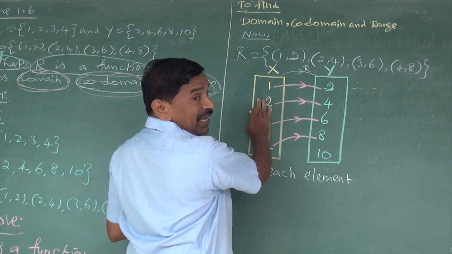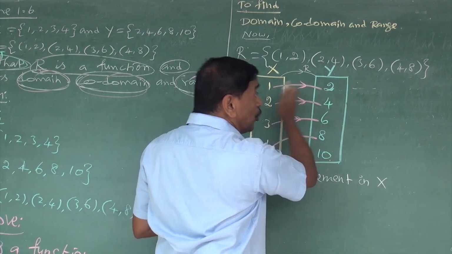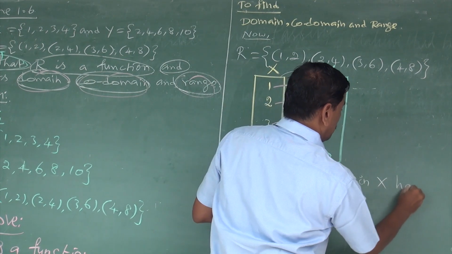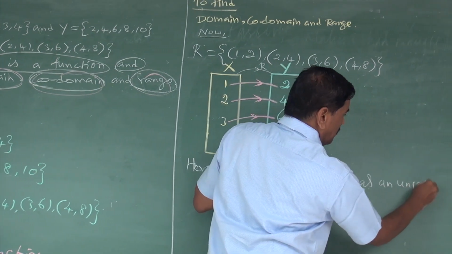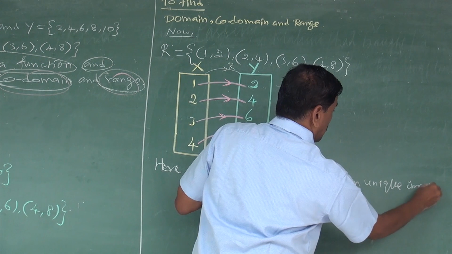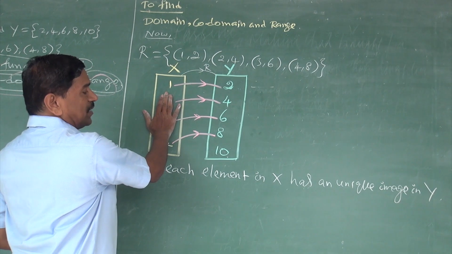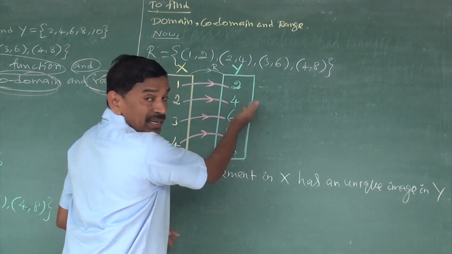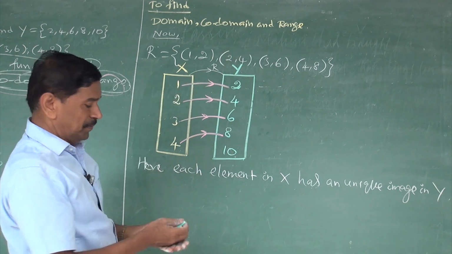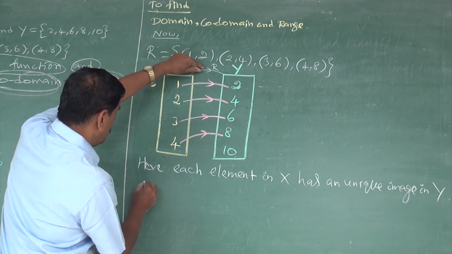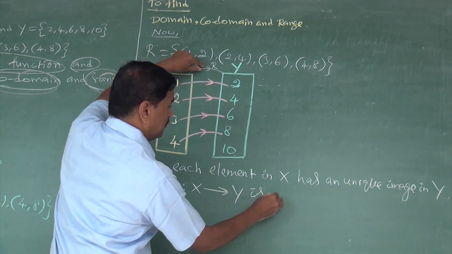Each element in X has a unique image in Y. Therefore, R from X to Y is a function.